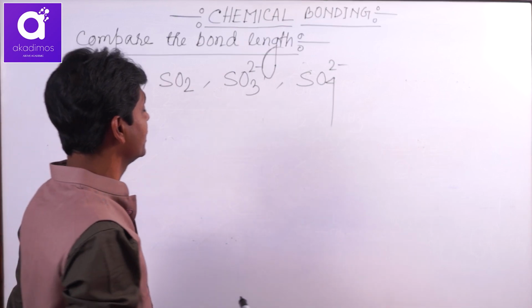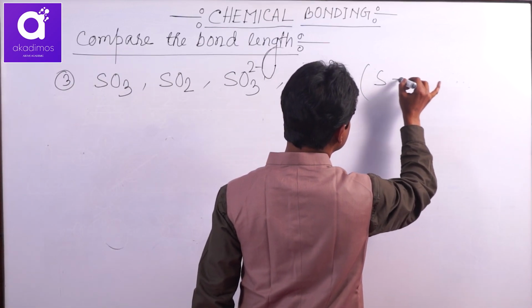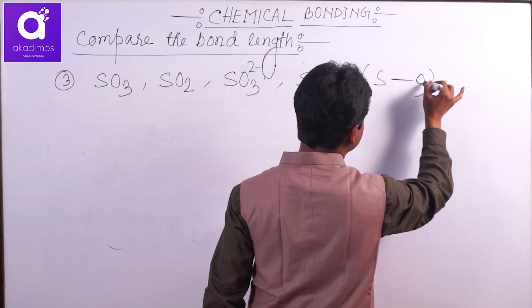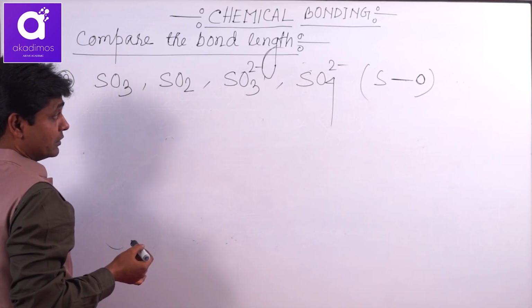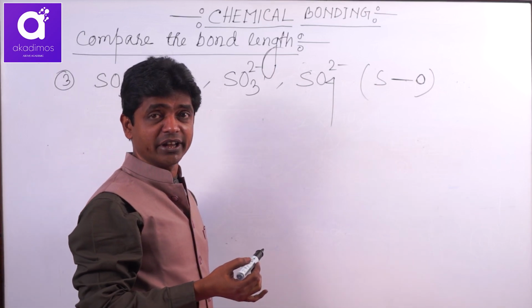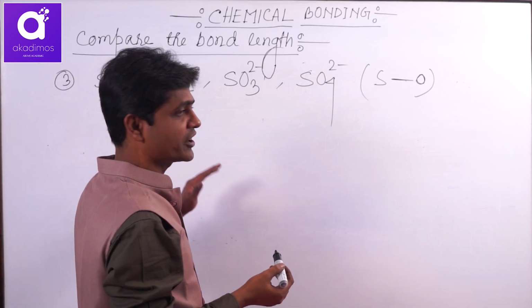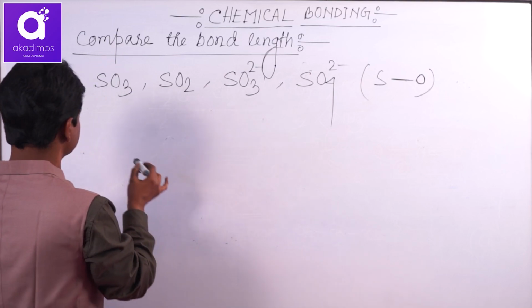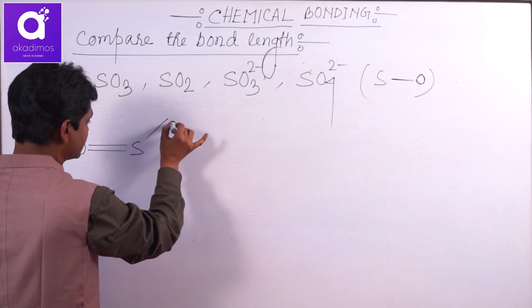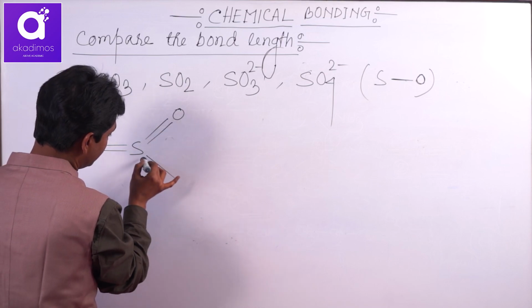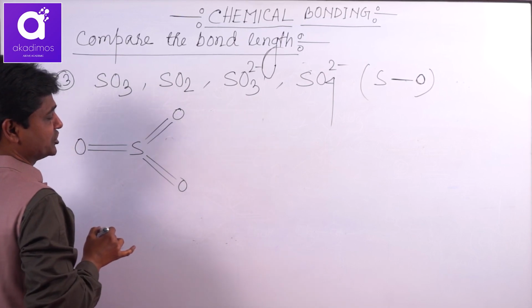I'll compare here the sulfur oxygen bond length. To do that, you have to draw the structure of the different molecules and species. See, sulfur trioxide, there are 3 double bonds with oxygen.